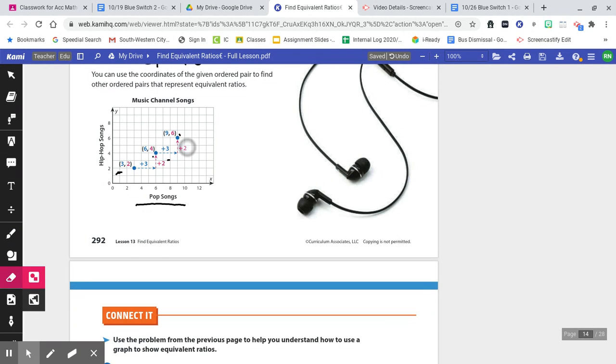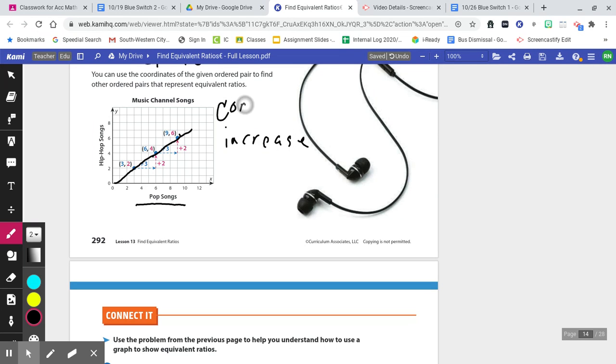And if I were to draw a line from 0, I don't know if I can do it straight, I have a straight line. I have a constant rate of increase. It's increasing at the same amount every time. So this is a constant rate, and that tells me that this is proportional. It's proportional, and that means I have equivalent ratios.